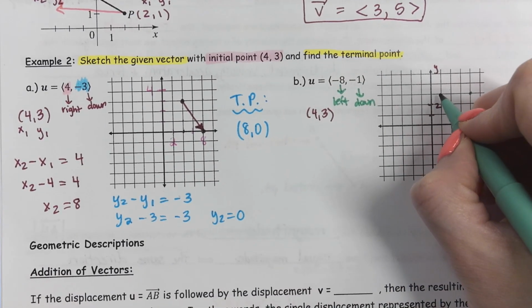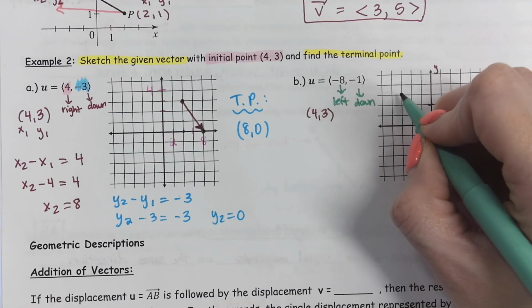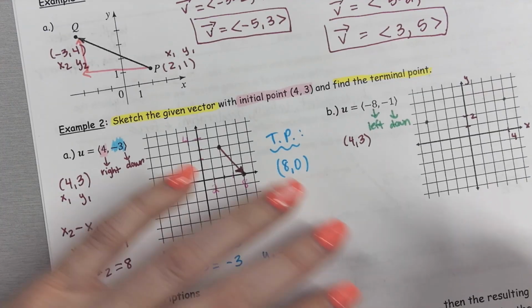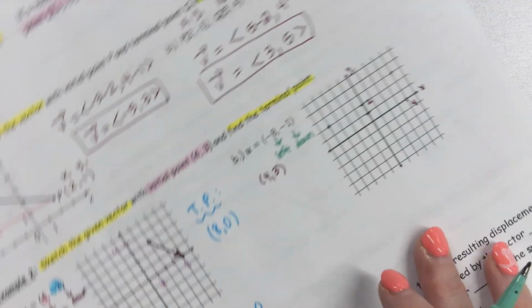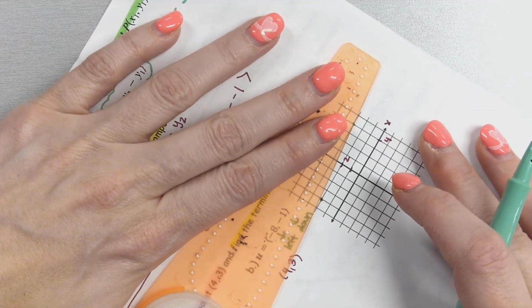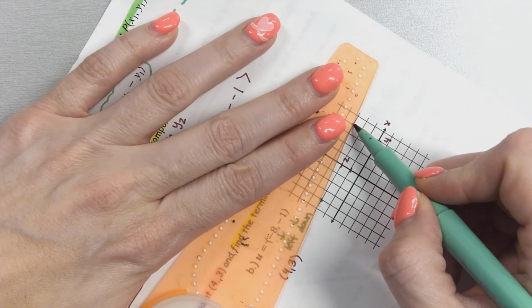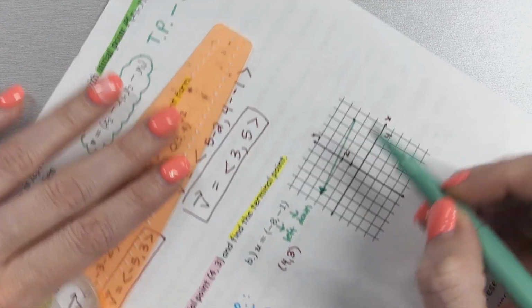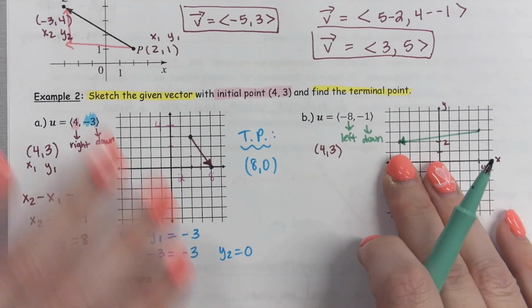So 1, 2, 3, 4, 5, 6, 7, 8, down 1. And then we'll break out the straight edges tomorrow. Maybe you should break them out today. And then just make sure that you have your arrow here.